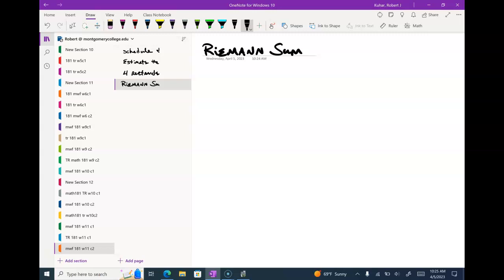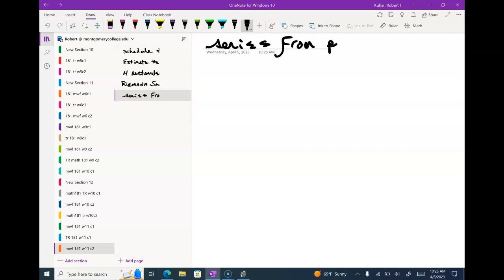Sorry, I want to do series from pre-cal. My math majors should go and see the proofs of all of these sums, and they're called proofs by induction. So math majors and computer science majors, proofs by induction for series, okay?